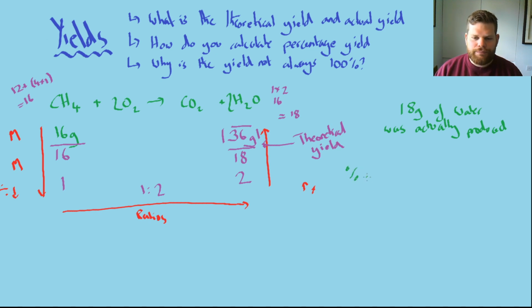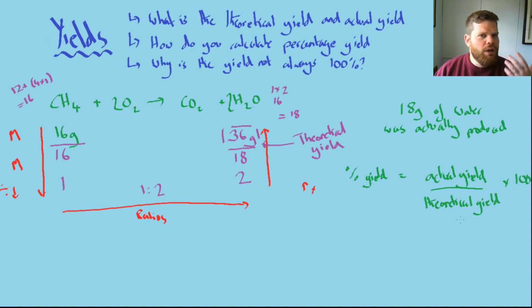So the percentage yield equals the actual yield divided by the theoretical yield multiplied by 100.